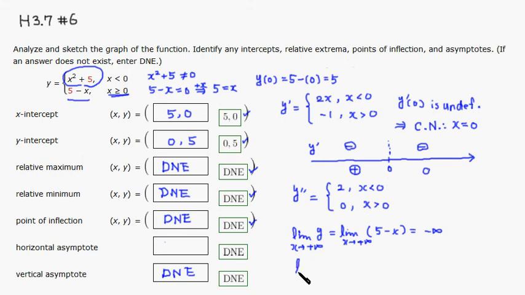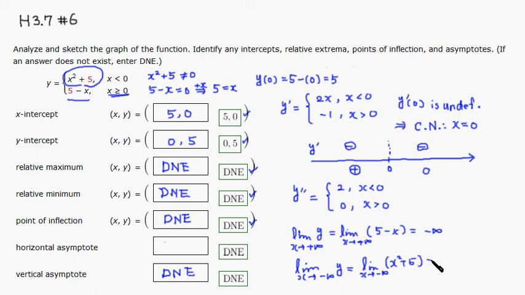And we do the same thing. What about x approaches negative infinity? Since the x values are negative in this case, we use the top formula, x squared plus 5.